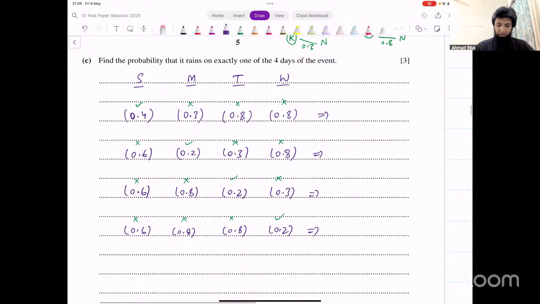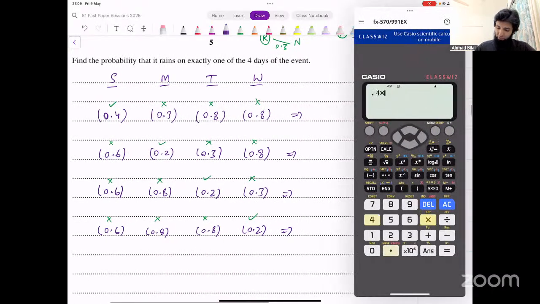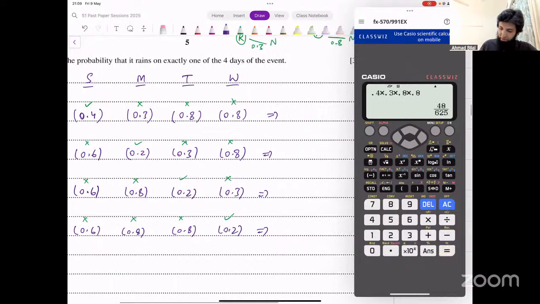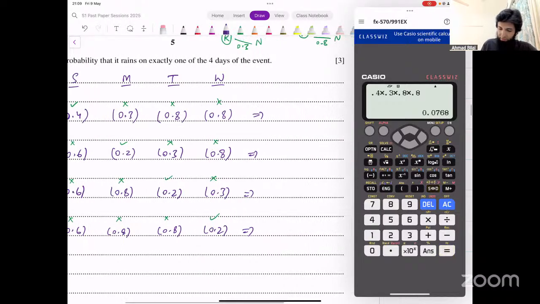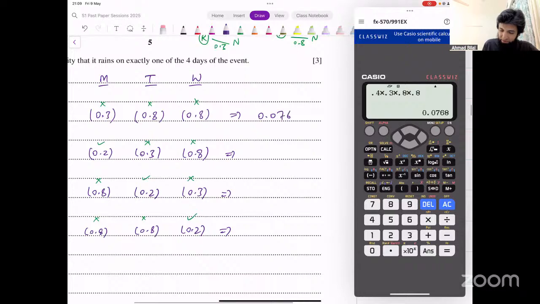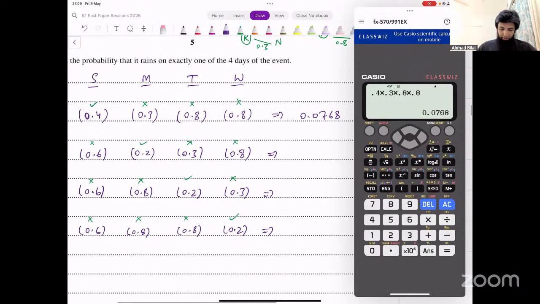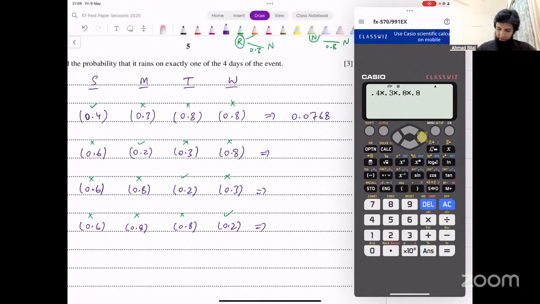So what do we get from each of these? 0.4 into 0.3 into 0.8 into 0.8. That's the first case. That is 0.0768. Next we have 0.6, 0.2, 0.3, and 0.8.